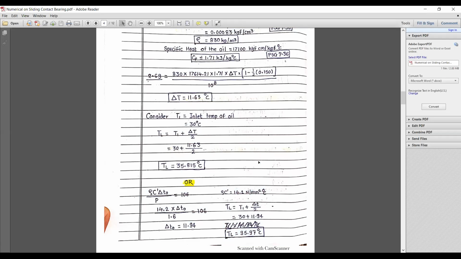The final outputs, 35.8 and 35.9, are approximately equal. In this manner, you can easily design any type of sliding contact bearing. I hope you have understood the design procedure, how we can refer to the PSG and how we can use the dimensionless parameters for calculating the performance variables of a sliding contact bearing.